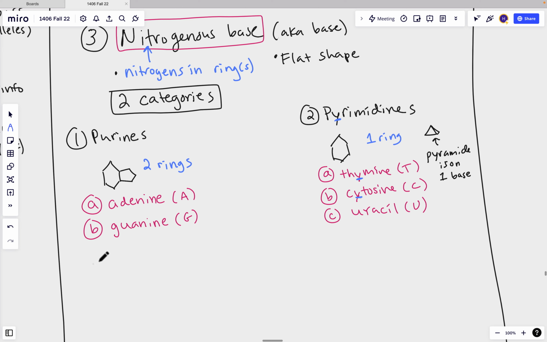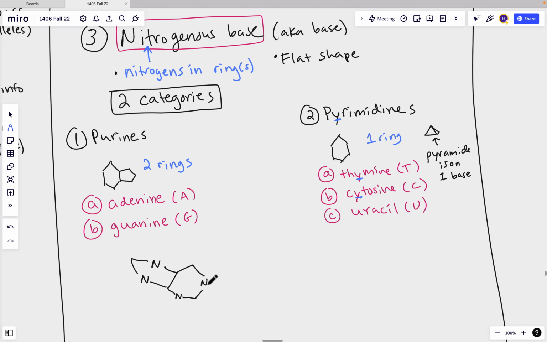Let's just draw a little nitrogenous base here so you can see the nitrogens. You definitely don't need another structure at this, like exactly at all, but it's useful to see, I think. Let's do it like this. Okay, so I'm going to draw nitrogen here, straight, straight. So this is the pentagon part. And then I've got a hexagon, the nitrogen in the ring, another nitrogen in the ring.